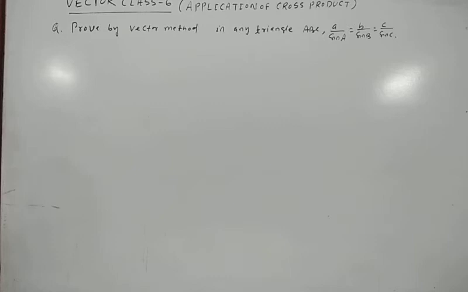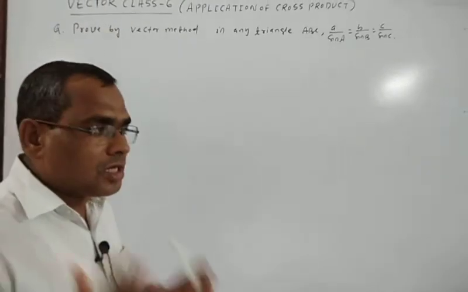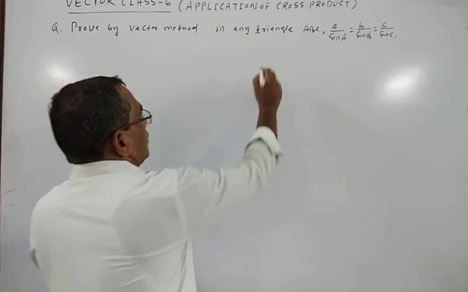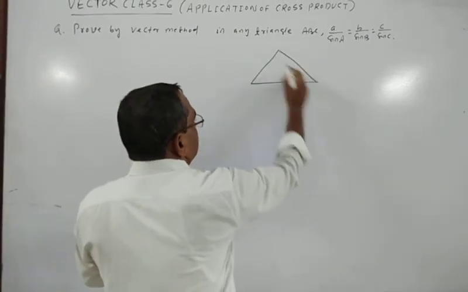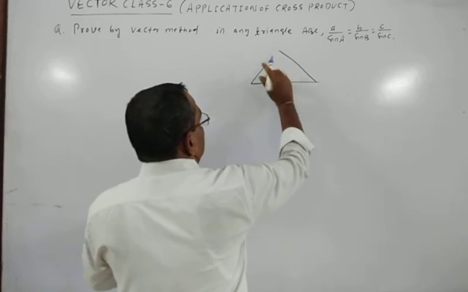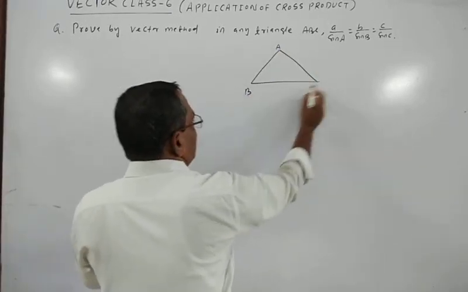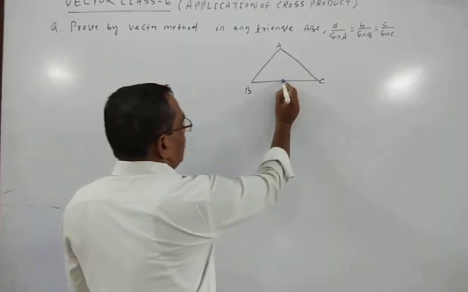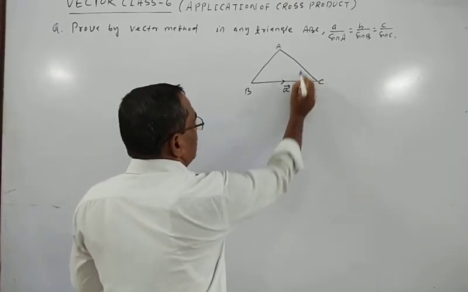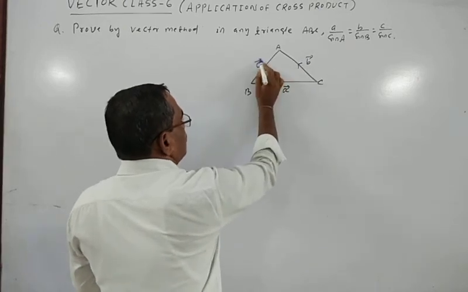First we take a triangle, and each side is represented by a vector. So first we take a triangle ABC whose sides are represented by vectors. This one is a vector, this one is b vector, and this one is c vector.